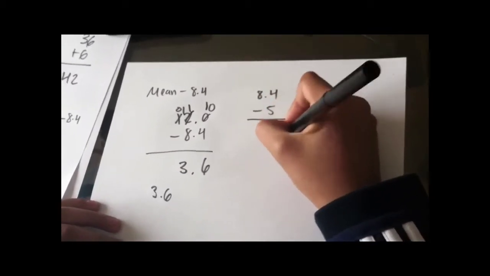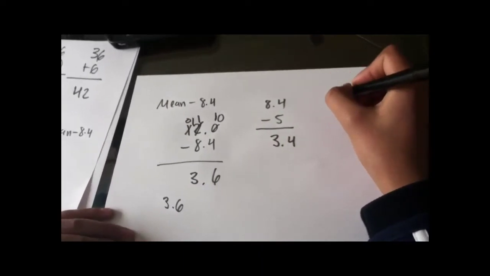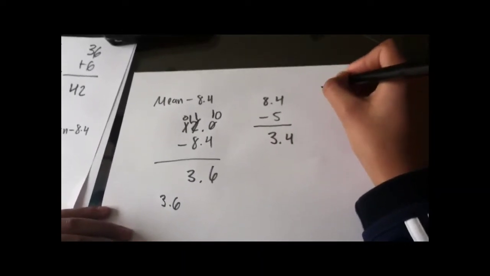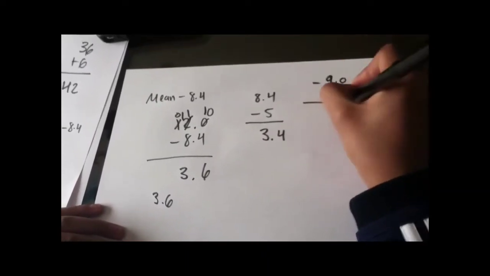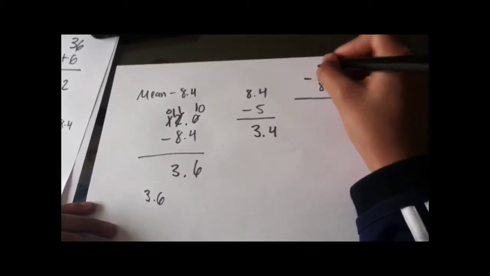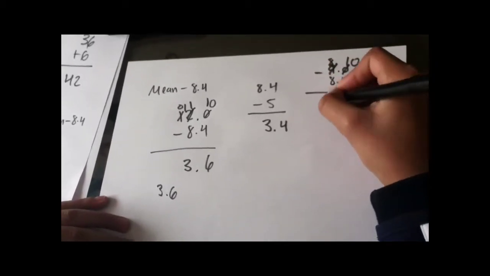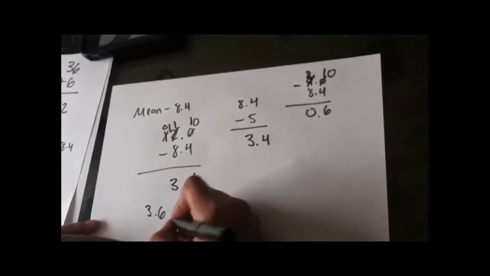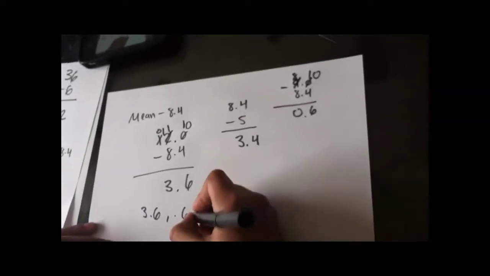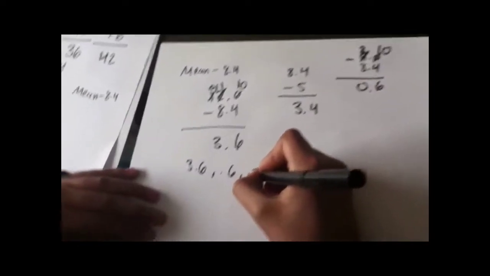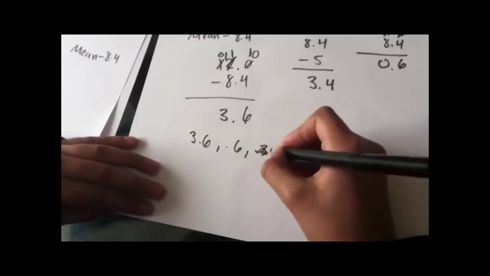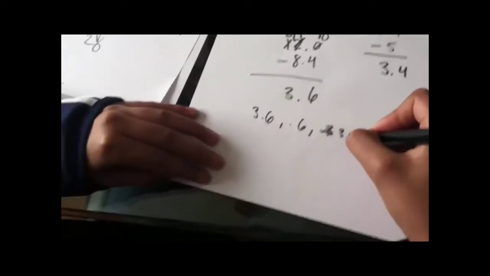is 3.6. 9 minus 8.4 is 0.6. 5 minus 8.4 is 3.4.